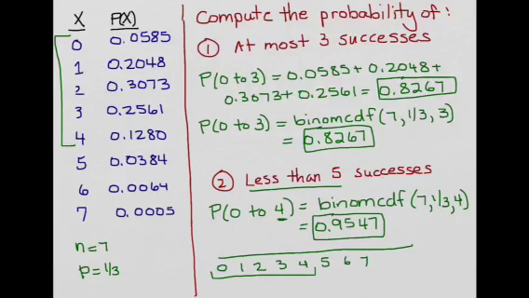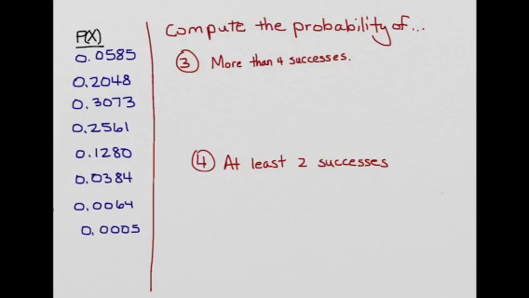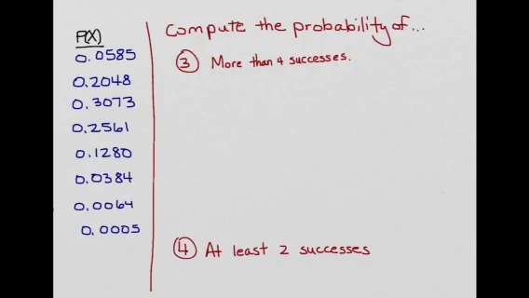Okay. Now let's take a look at 2 more problems that are a little bit more complicated. Now I want to calculate the probability of more than 4 successes. Okay. So what I'll do is, first of all, again, I'm going to make that number line. I think it's a nice visual aid. You don't necessarily actually have to do this if you're comfortable, but it kind of helps to figure out what's going on in the problem.